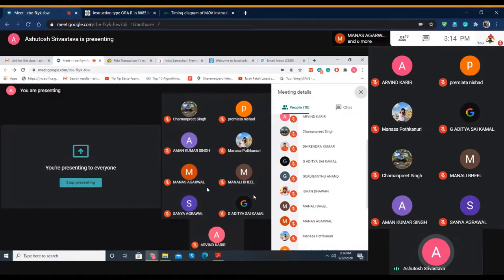Dhirendra is not there. Now I can see only 18 students. Where are the rest?